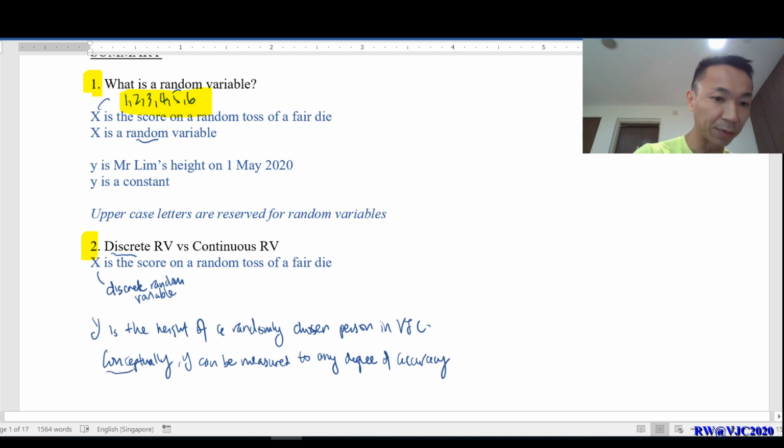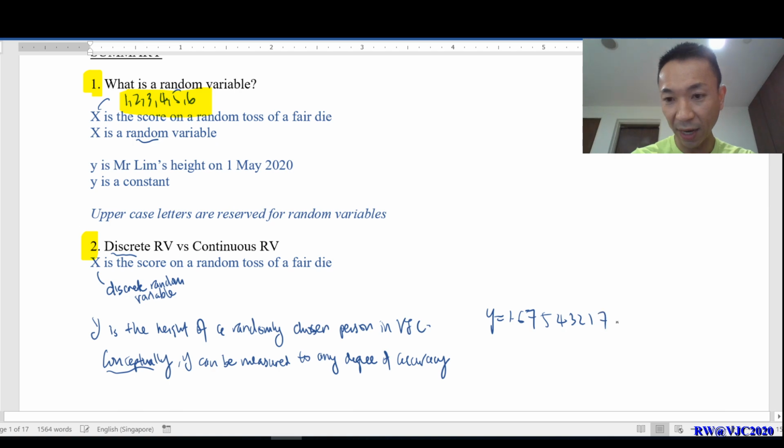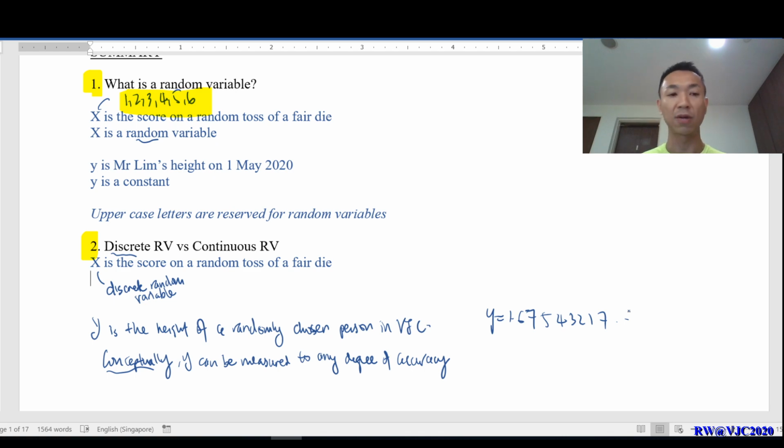Conceptually, the keyword is conceptually. I'm not asking for using instruments. I'm saying conceptually, y can be 1.6754321 and it can be never ending. So actually, there are infinitely many possible outcomes for y.